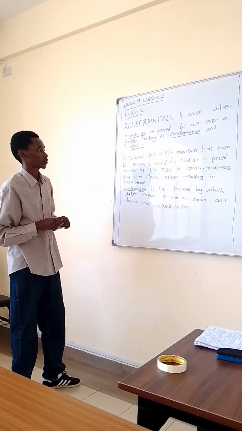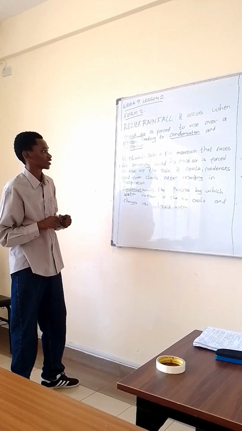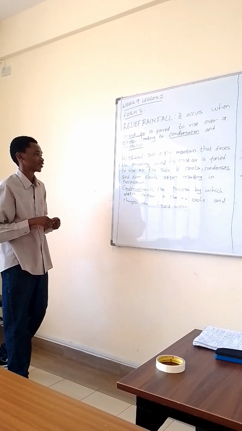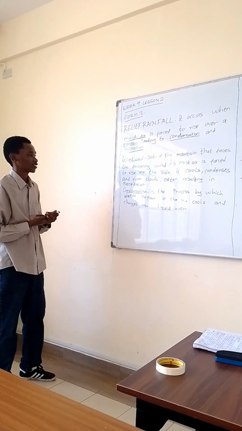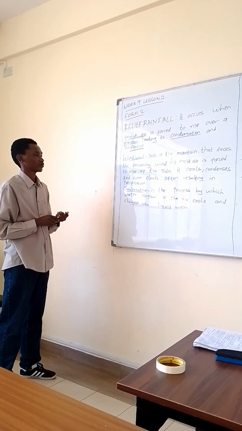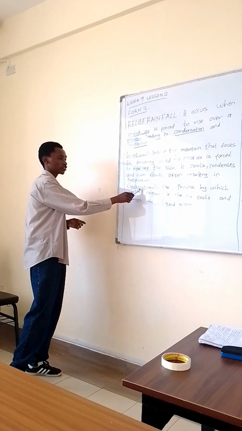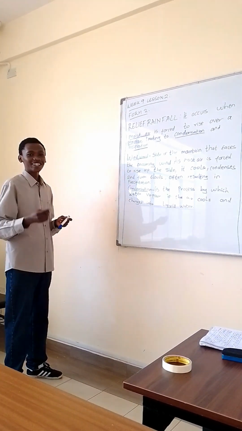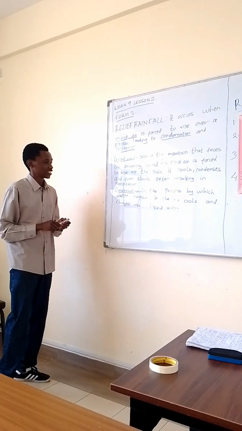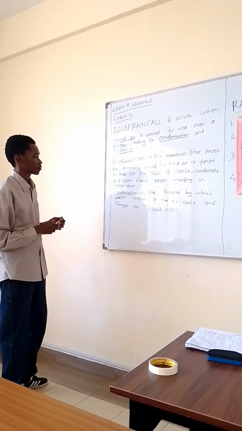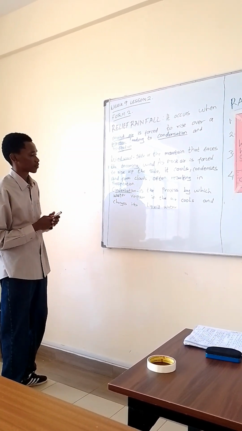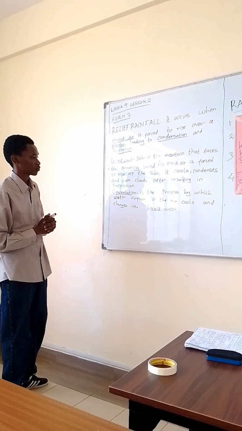As moisture is forced to rise up the side, it cools, condenses, and forms clouds, often resulting in precipitation. Yes, the next one. Yes, Kyoko, I see your hand up. Condensation. It is the process by which water vapor in the air cools and changes into liquid water.